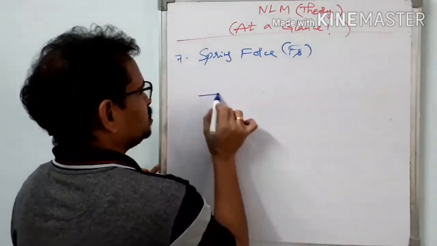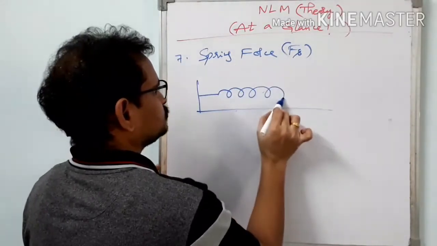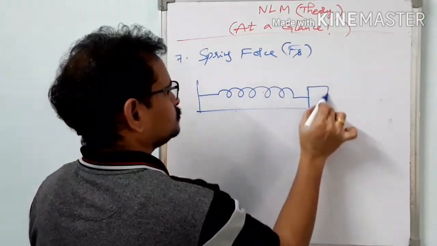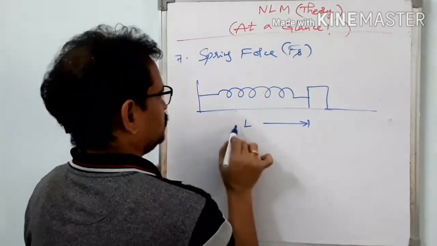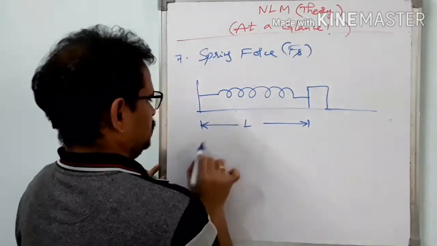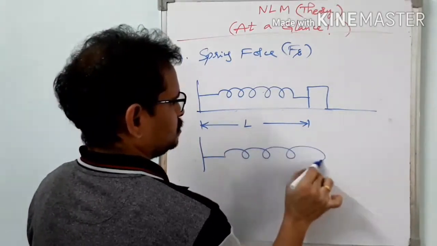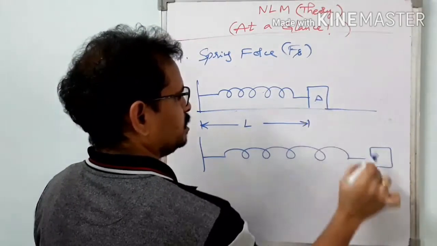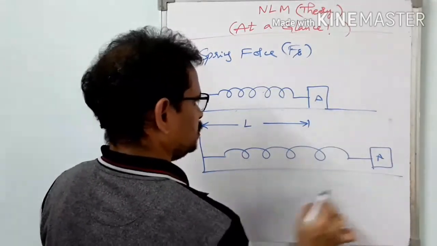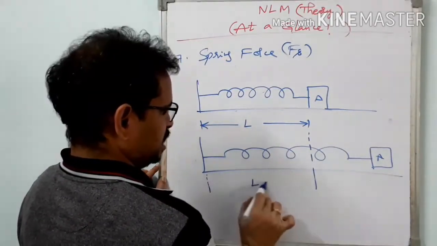See, suppose we consider a spring here like this, this is the natural length L here. Suppose the spring is stretched like this, this is block A. See, this is the natural length, no?